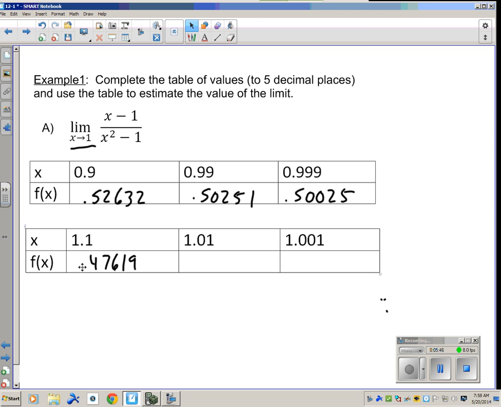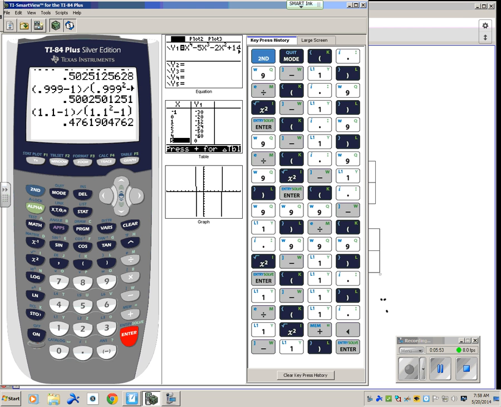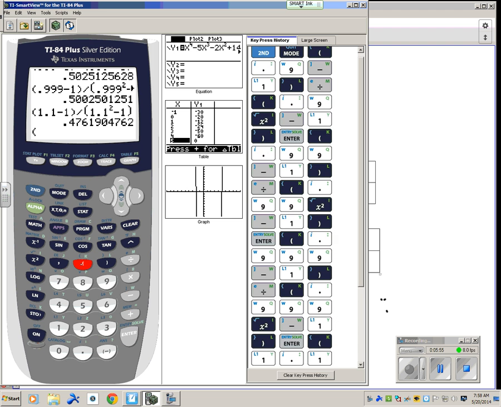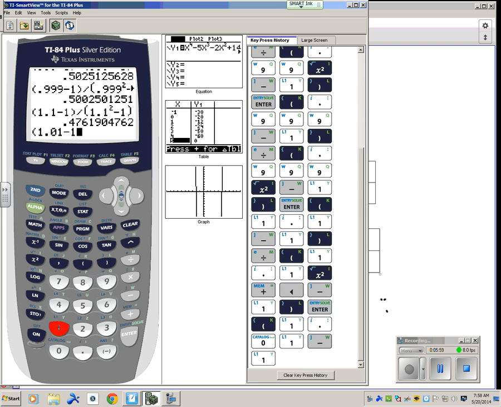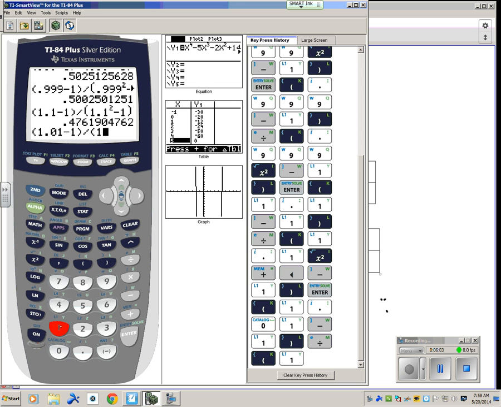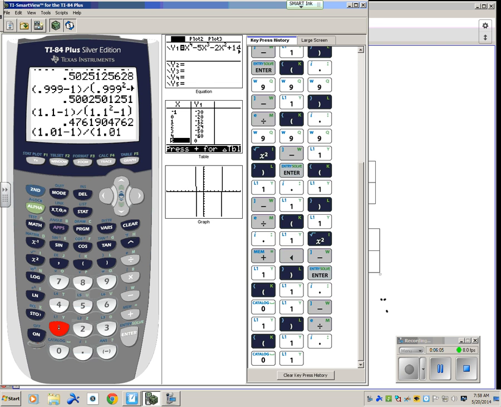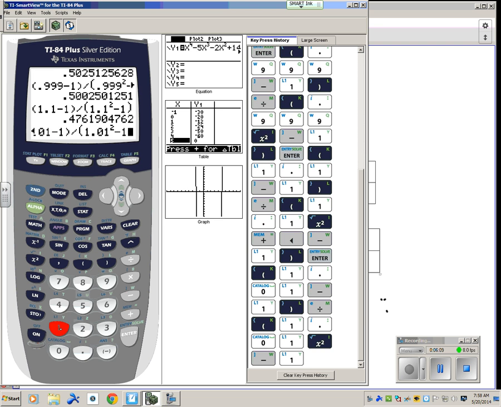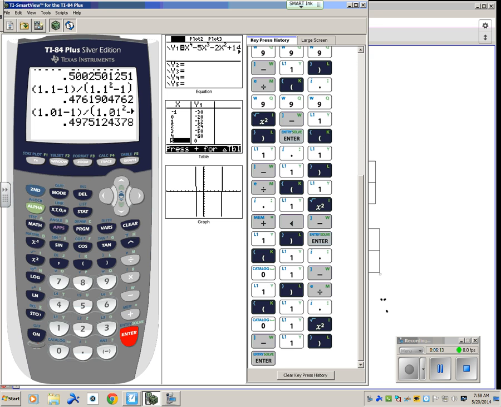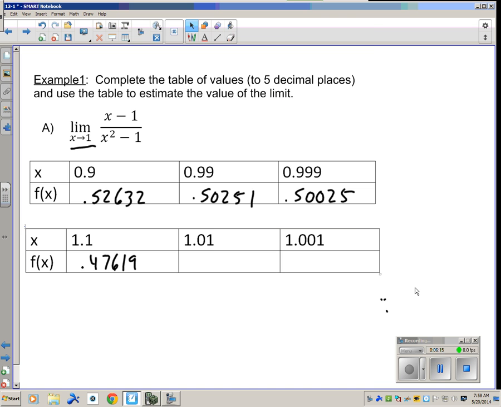All right, let's try another, 1.01. So now 1.01 minus 1 divided by 1.01 squared minus 1. 0.49751.